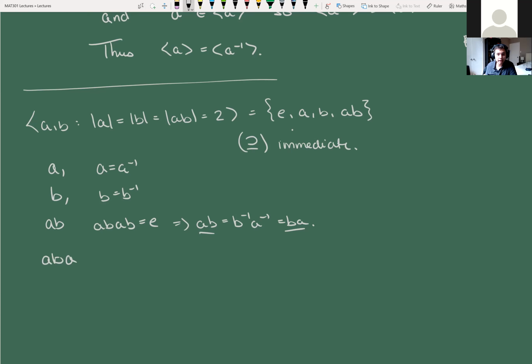What is ABA equal to? B, exactly. Okay, what's BAB equal to? A. And I guess I should say BA is equal to AB. So we've got the 1-letter words, the 2-letter words, and all the 3-letter words reduced to 1-letter words.